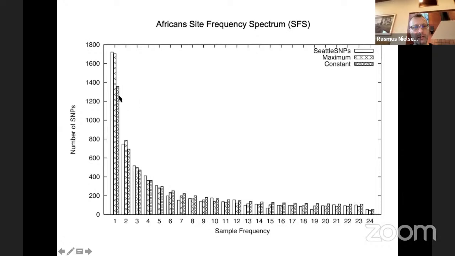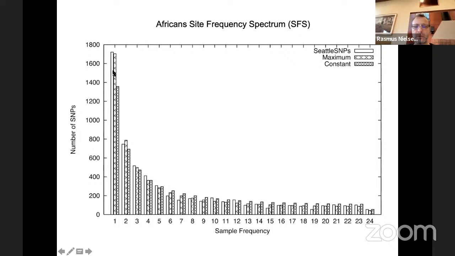And this is for a model with what you would expect under Kingman's coalescence, our standard coalescence model. You can easily calculate what this expected site frequency spectrum should be. And you can see there's a discrepancy here. We got too few singletons. And then you can try to estimate a model with population growth, and get a much better fit.